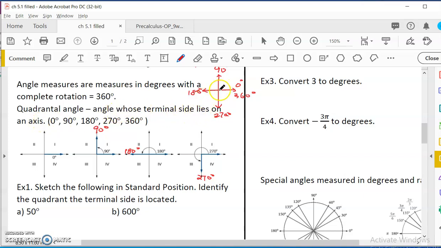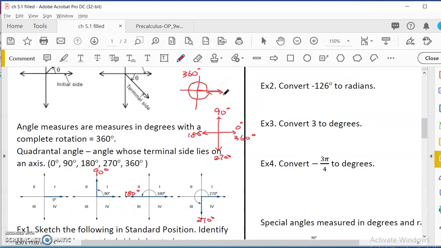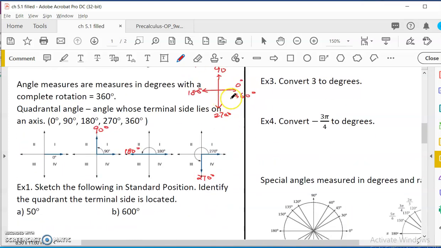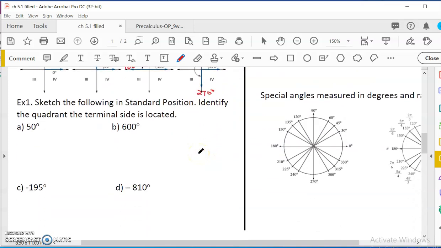If the terminal side lies in the first quadrant, we say this angle is in the first quadrant. Likewise, if the terminal side stops in the fourth quadrant, we say that angle is in the fourth quadrant, but the angle actually spans all the way from the x-axis to there.